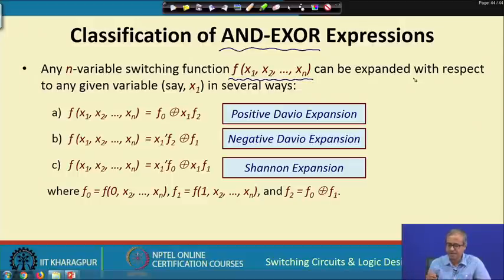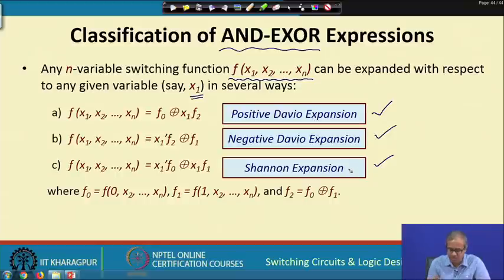They can be expanded just like Shannon decomposition or expansion we talked about earlier with respect to any of the variables. Well, in this example I have illustrated with x 1 in 3 possible ways. These are called positive Davio, negative Davio and our familiar Shannon's expansion.